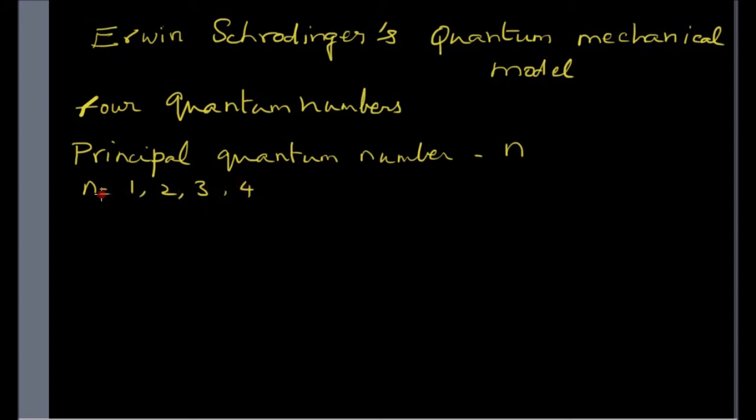When you say an orbital has value n is equal to 1, it is smaller compared to the one which has a value 2 for n.